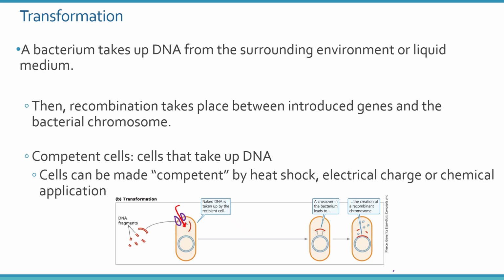And you can force it to do that through heat shock, through electrical charge, or chemical application. Very often chemical application is adding a salt solution. So you might even do multiples of these to really make that cell ready and willing to take up the DNA. Basically you're triggering the cell to let its guard down and bring that transformed DNA into the cell.